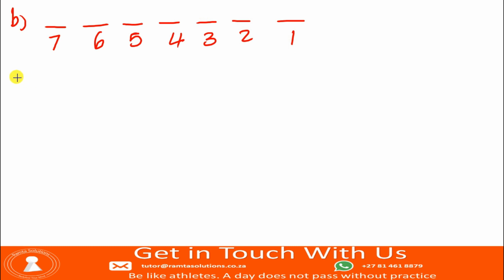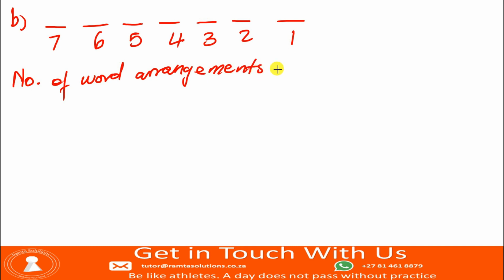Therefore, the number of word arrangements when the letters are not repeating would be 7 times 6 times 5 times 4 times 3 times 2 times 1. In the next video, you will learn about operations like these. We call them factorial notations.